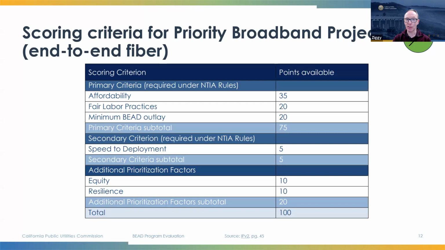And that together adds up to 75 points. Then on the secondary criteria, there are 3. Speed to deployment was mandated by NTIA, and then California adopted 2 additional criteria, equity and resilience, and we'll get to that in a second. Next.